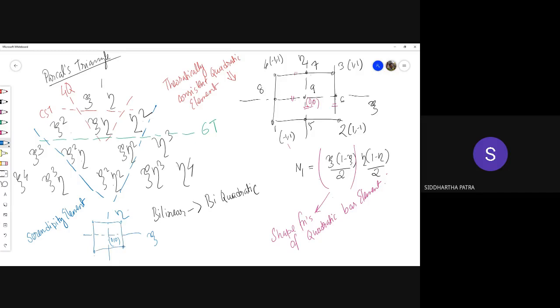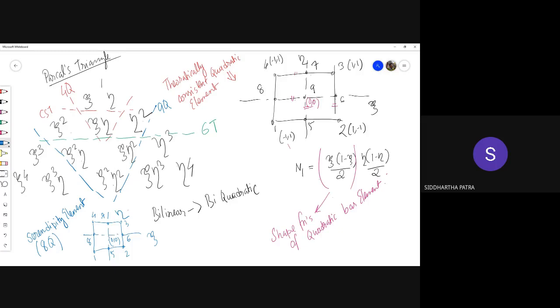These are 4 nodes, then there are 5, 6, 7 and 8, but not the 9th node. So it is an 8-noded quadrilateral element. These are the terms for the 9-noded quadrilateral element. For the 8-noded quadrilateral element, we need to get rid of one of the terms, because the number of nodes is the same as the number of shape functions, and that is also the same as the number of terms in the shape function.